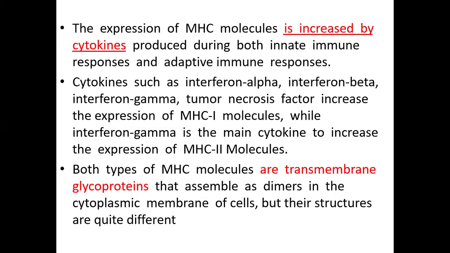The expression of MHC molecules is increased by cytokines produced during both the innate immune response and the adaptive immune response. So there are in the human body some cytokines, molecules by which immune cells interact with each other. They use cytokines as a messenger.